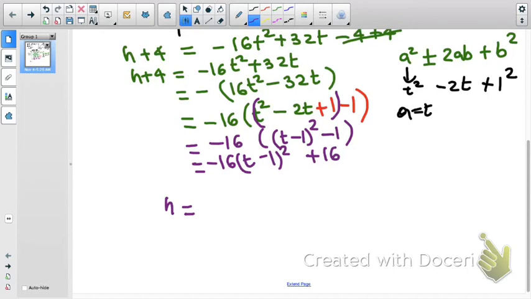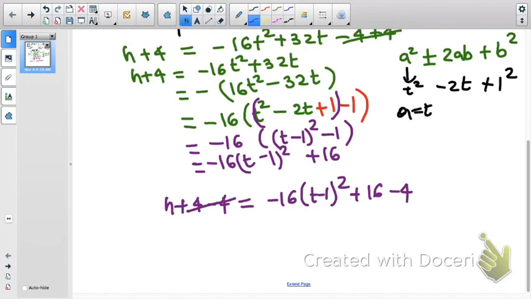Let me erase this. I just don't want to skip any steps so you don't get confused. So I'm going to take negative 4 here. So at the end of the day, this is what our equation looks like.